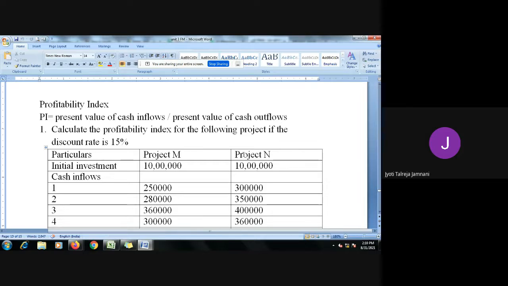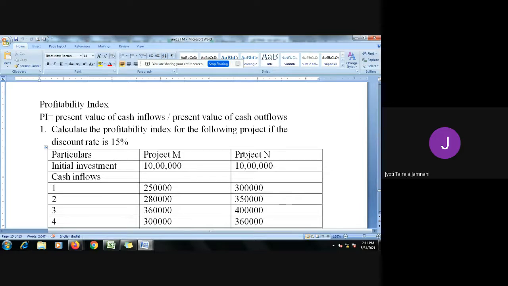Discounting techniques use time value of money and help us in finding the project that is more appropriate to be selected. Non-discounting techniques take the cash flows as it is. They don't calculate the present value and they don't consider the time value of money.